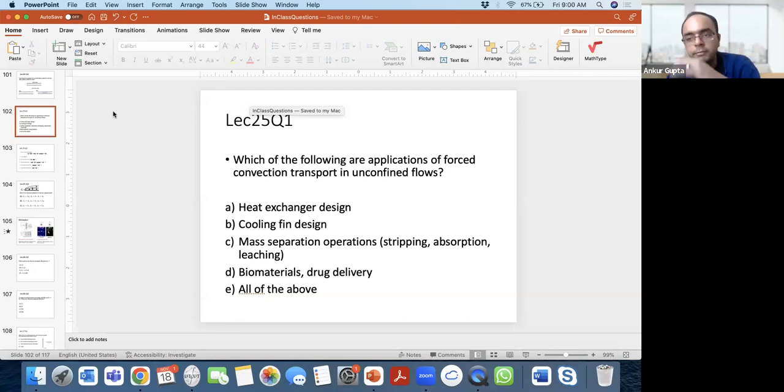You always have something flowing around some sort of a fitting, or some sort of a really large surface area. And then biomaterials, drug delivery: you can imagine some sort of tissue, and something flowing around the tissue. So it is a pretty wide application of unconfined flows.